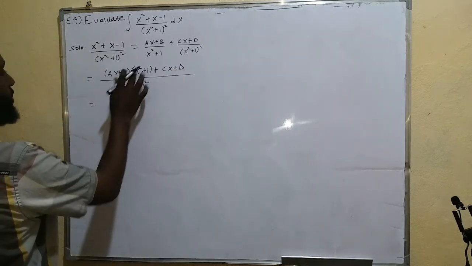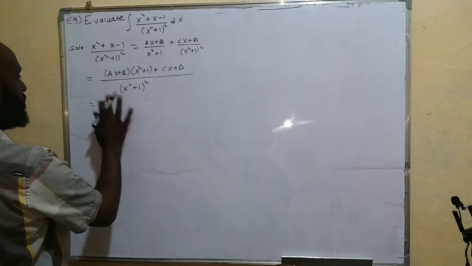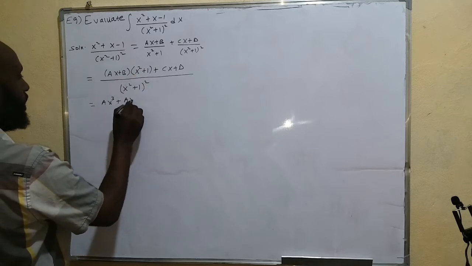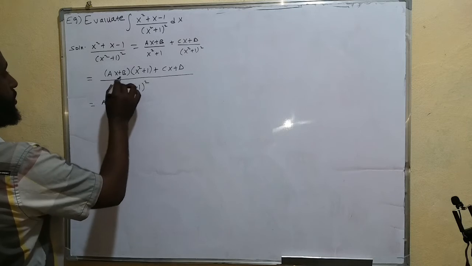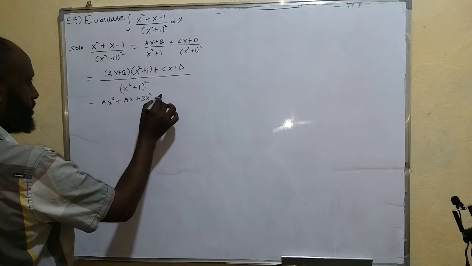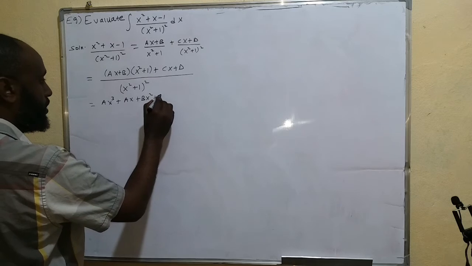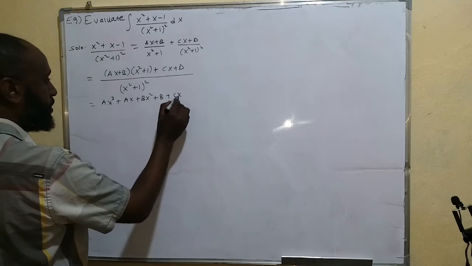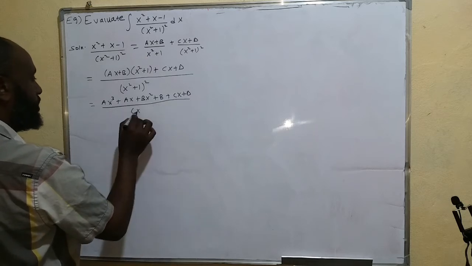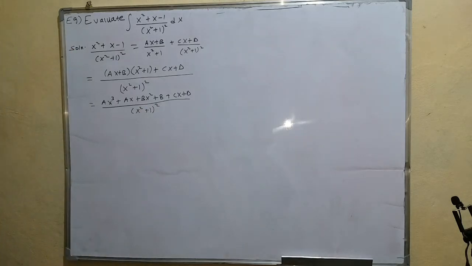This is equal to: x times x squared is ax cube, x times 1 is ax, b times x squared is bx squared, b times 1 is b, plus cx plus d, over x squared plus 1, the whole square.